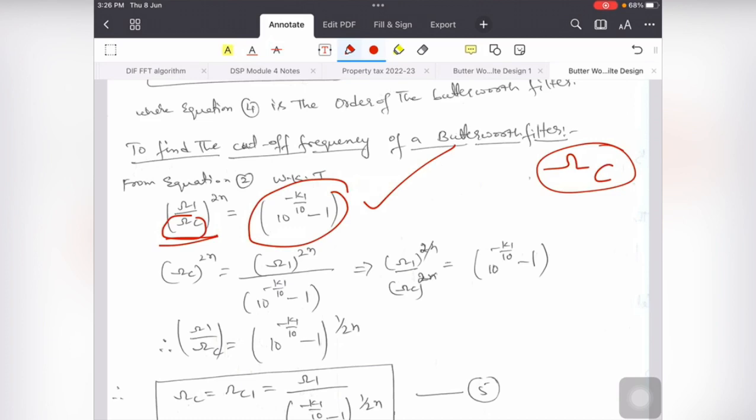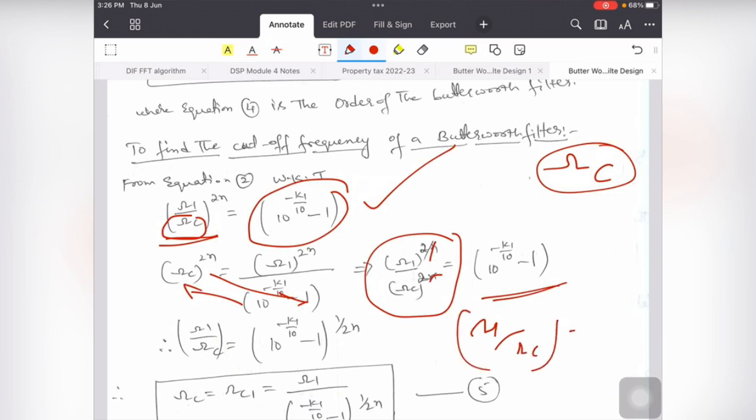Again, I will simplify once more. I will bring this 10^(-k1/10) - 1 to the LHS and the other to the denominator. So I will get (omega 1 by omega c)^2n is equal to 10^(-k1/10) - 1. So this 2n will get cancelled, and the remaining is omega 1 by omega c equal to (10^(-k1/10) - 1)^(1/2n).